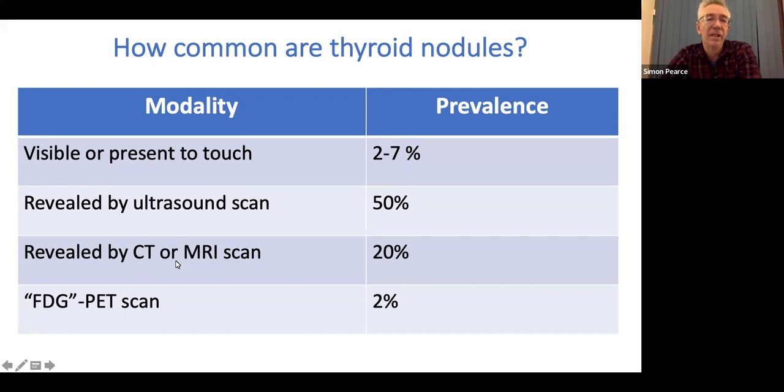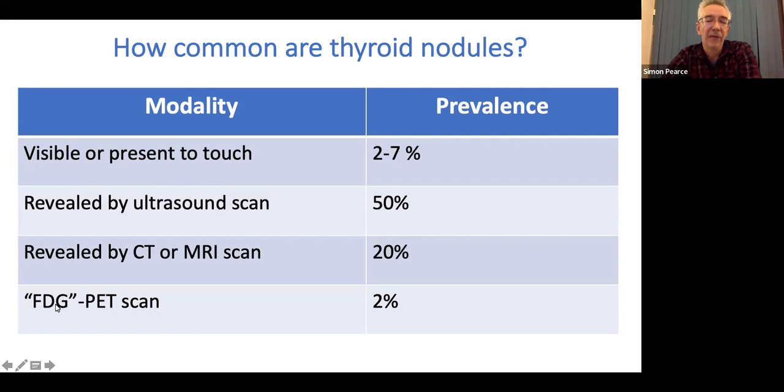If you do a CT or an MRI scan, so-called cross-sectional imaging, roughly 20% of people will have a visible nodule. But do note, even though people think a CT scan or an MRI scan is better, ultrasound is way more sensitive for detecting a thyroid nodule than these cross-sectional imaging methods. And then lastly, functional imaging.